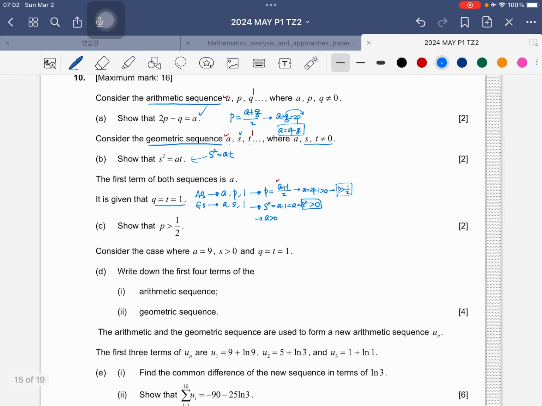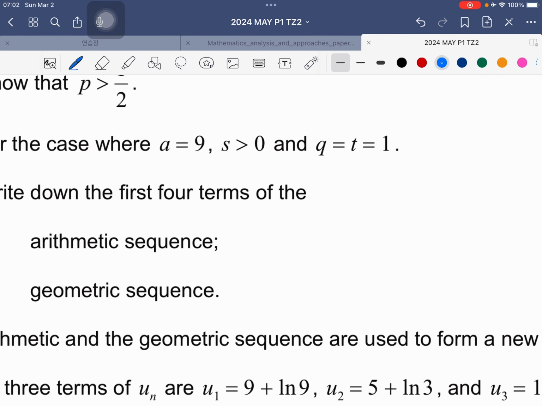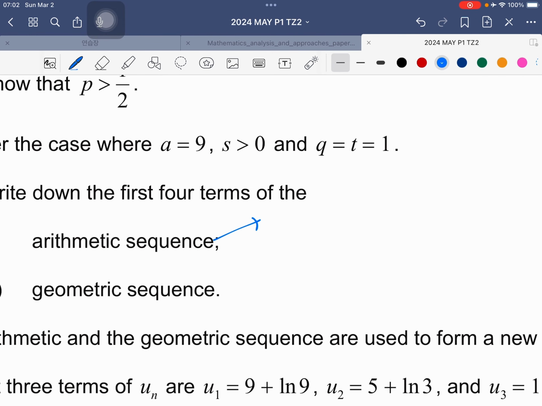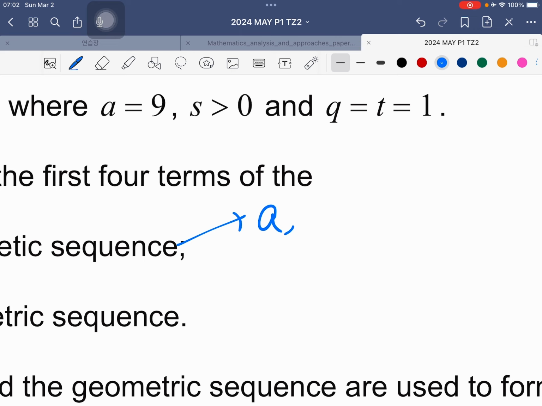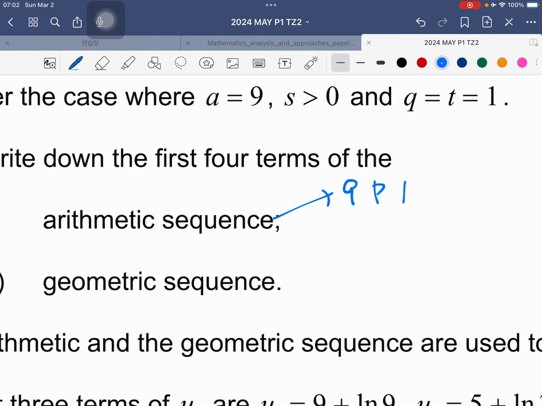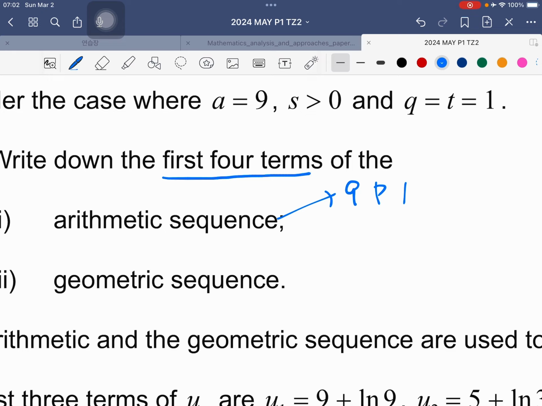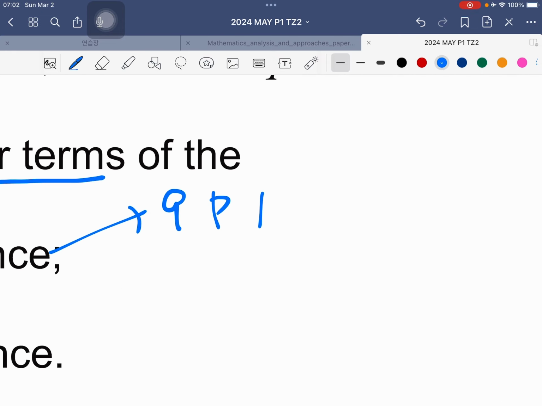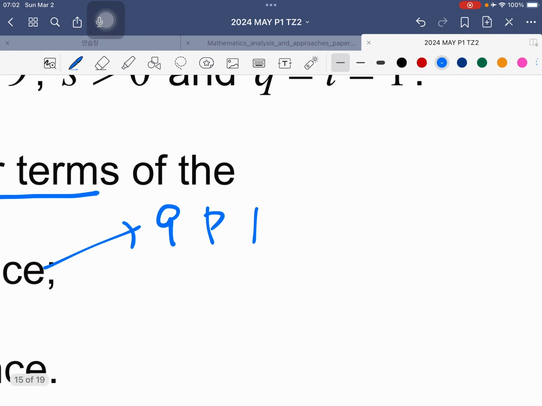So the arithmetic sequence is like A, P, 1, but A is 9, right? So it is 9, P, 1.